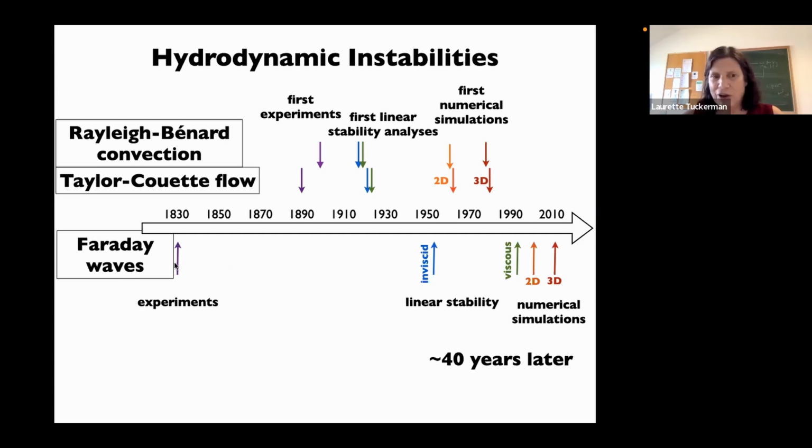Whereas the Faraday waves were explained linearly by Benjamin and Ursell in 1954, so a long time after the Taylor-Couette and the Rayleigh-Benard in the 1920s or 10s. And the first viscous linear stability analysis was done in 1994, and the first numerical simulations were just done, you know, what seems to me recently.